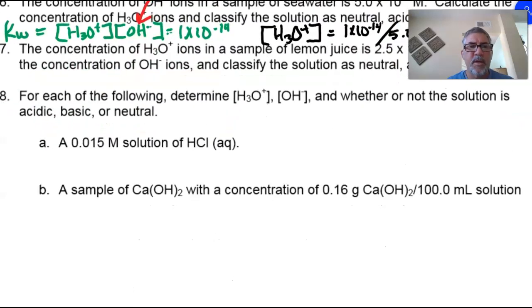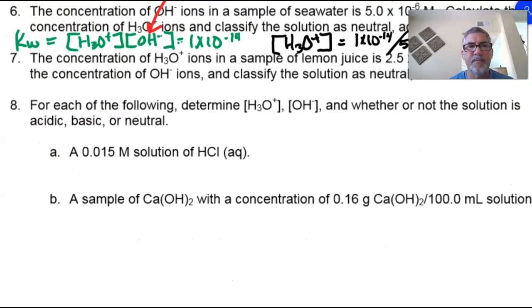So if we go to number 8 now, and 8's at the end of it. For each of the following, determine the hydronium and hydroxide concentration. So essentially you're doing the same thing. The difference is molar, so since it's an acid, we're looking at the concentration of hydronium, and you simply have to put this into scientific notation.